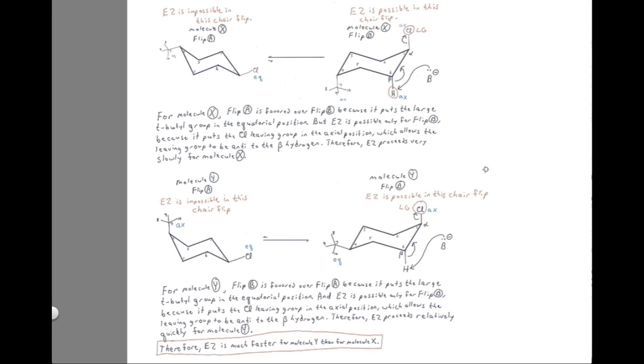And I think in many cases the professor is going to be looking for you to actually draw in the mechanism to show how E2 works for the chair flip where the leaving group is axial. You probably wouldn't need quite as much written explanation for full credit because a lot of what I wrote down here kind of repeats the ideas in this first written explanation. I think it is a good idea to use these types of equilibrium arrows to show which is the favored and disfavored chair flip.